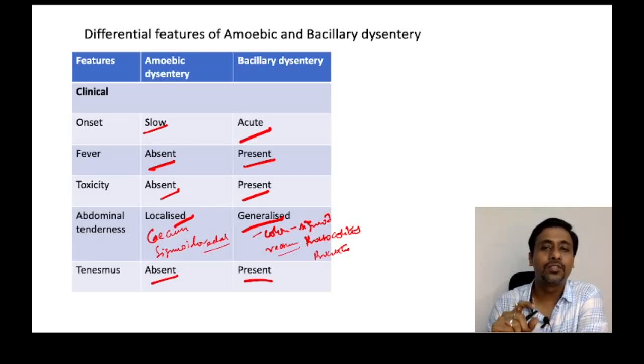Because of that, and also because the location of the ulcer is near the rectum, it leads to a feeling of defecation all the time. So that is why tenesmus is present in bacillary dysentery and absent in amoebic dysentery, because there is no ulcer near the rectum, or any transverse or longitudinal ulcer as in bacillary dysentery.